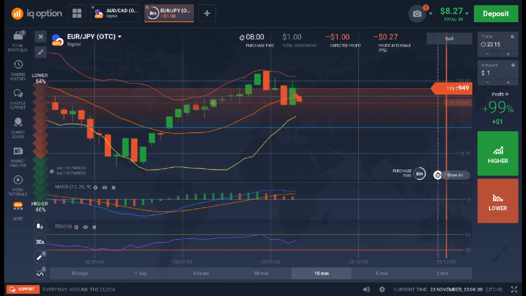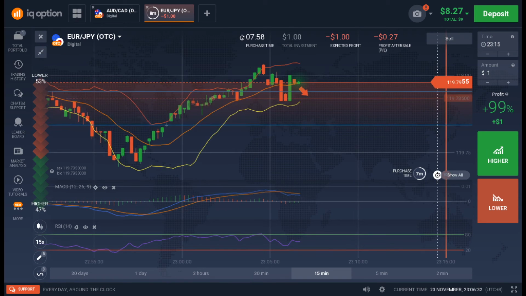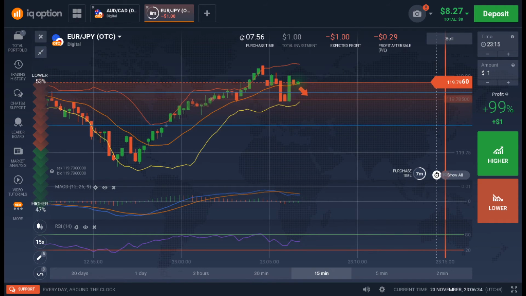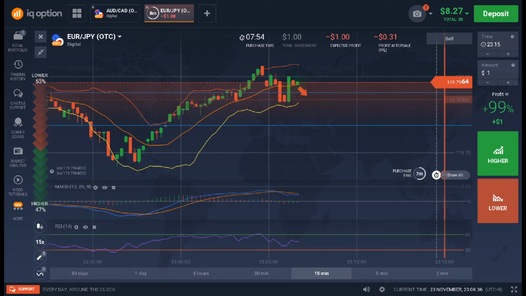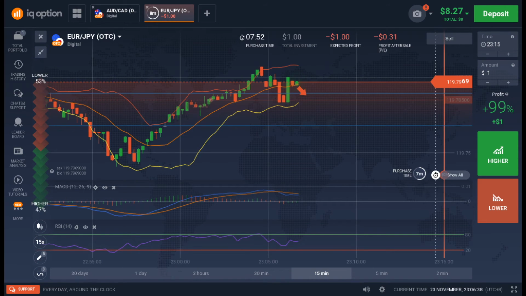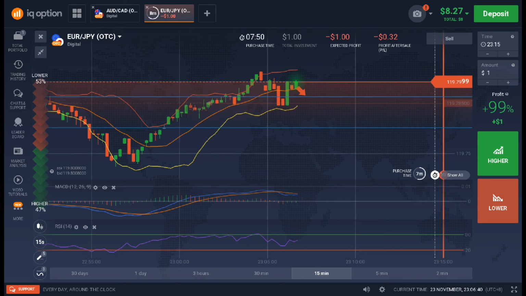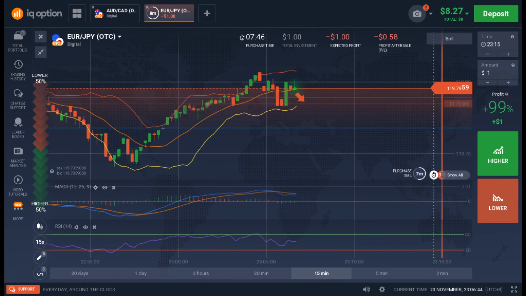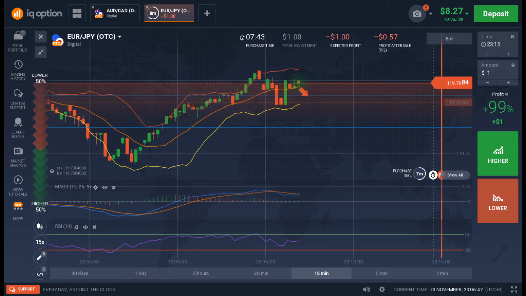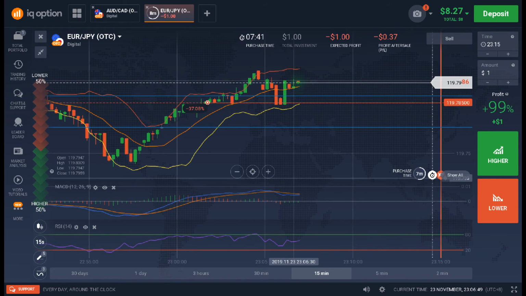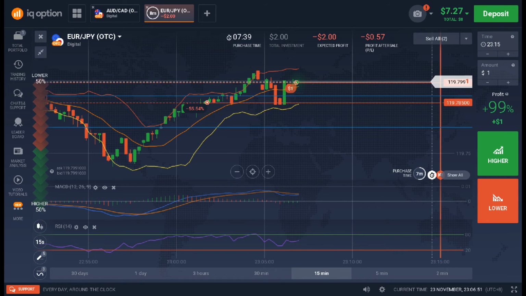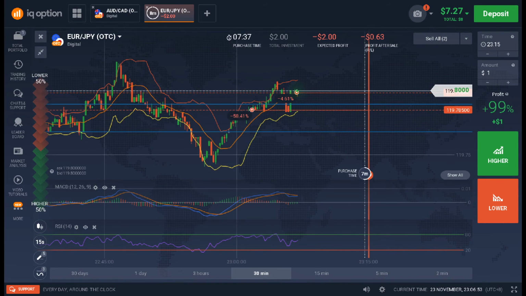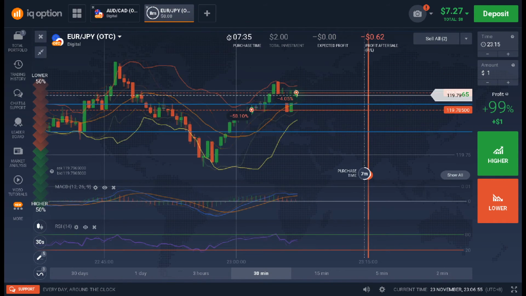On the 15-minute chart, I'll find a good resistance here. Okay, we just entered another trade. We feel that this is going to go down. Good job.